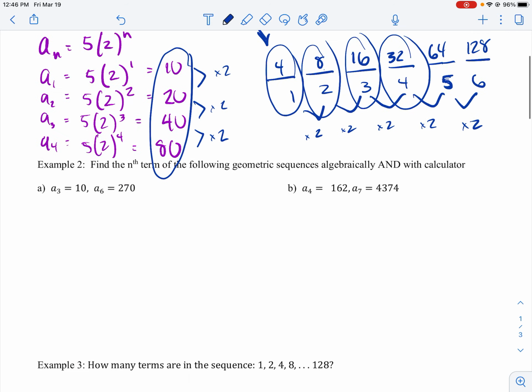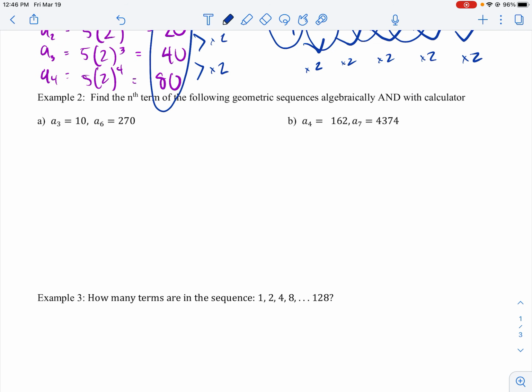All right, let's take a look at number 2. Find the nth term of the following geometric sequences algebraically and with calculator. Okay, so here we go. All right, so in this case, when they're talking about finding the nth term, we're talking about this equation right here.